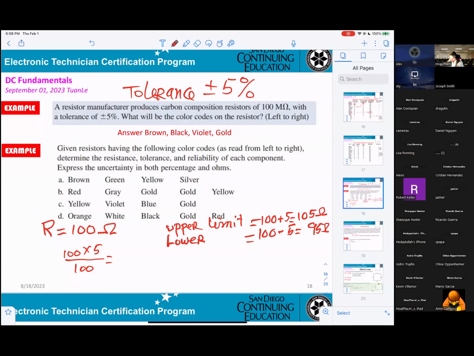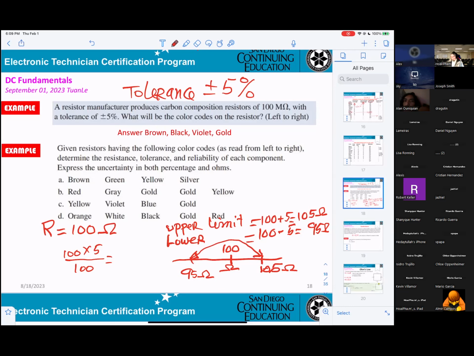Okay. So basically you can see right here 100 ohm, up here 105, and in here 95. So the value will be acceptable from here to here. Does that mean the device can tolerate the current at that intensity?